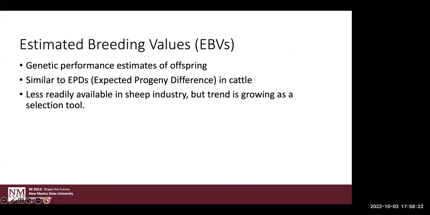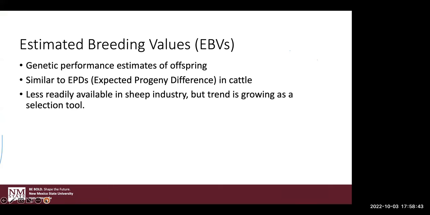Okay, so EBV is estimated breeding value, and basically it's the genetic potential of performance of the offspring from specific animals. In this case, we're talking about rams and what their offspring can do. Like I said, very similar to EPDs.